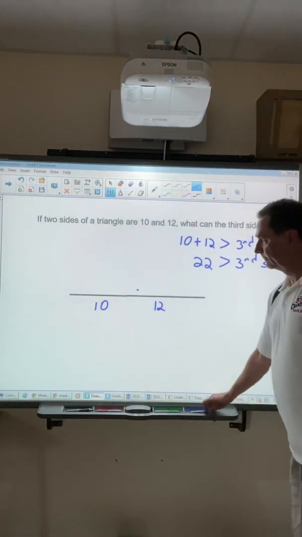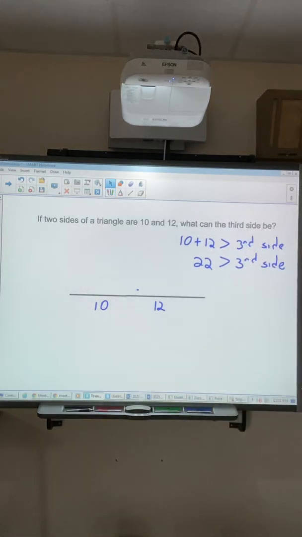Now let's say that they are not the two shortest sides. Let's say 12 is the longest side. So I'm going to take this side that's 10 and I'm going to turn it back around this way like that. So we want to find what the third side is there.